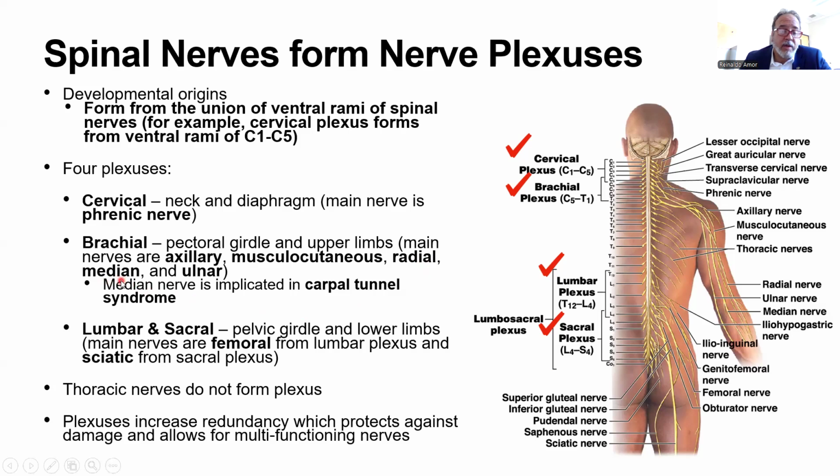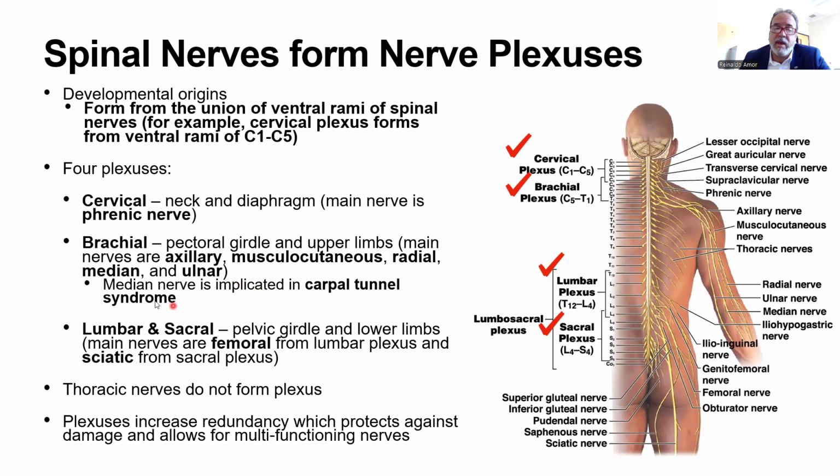The median nerve controls muscles like the flexor carpi radialis and the palmaris longus. The ulnar nerve controls the flexor carpi ulnaris, for example. If I do mention any of these muscles being controlled by any of these nerves, that will be in the review, but I don't want to take time doing that here.